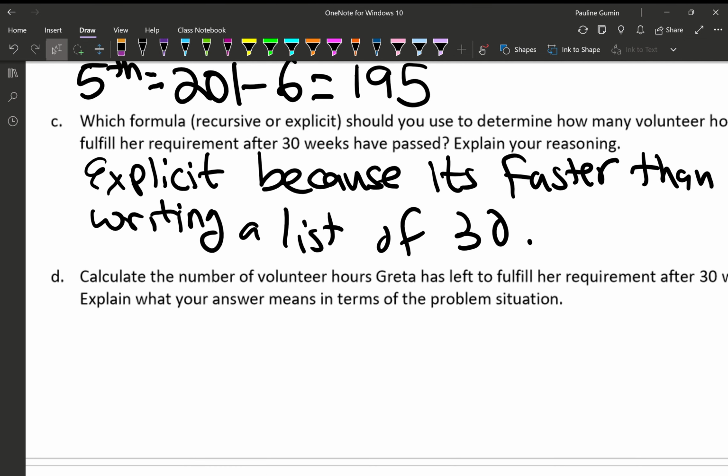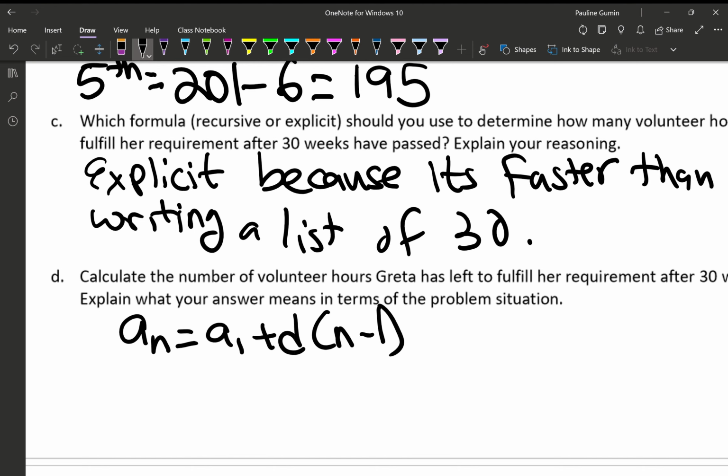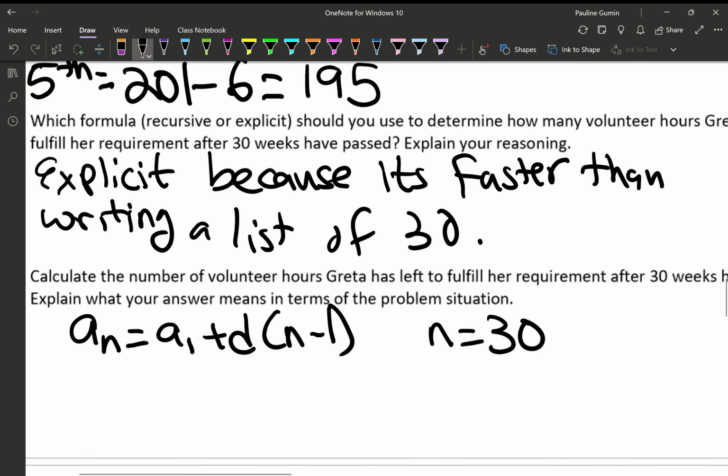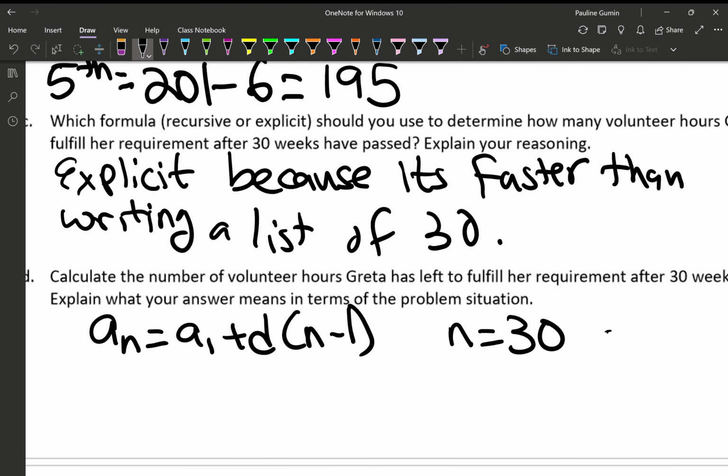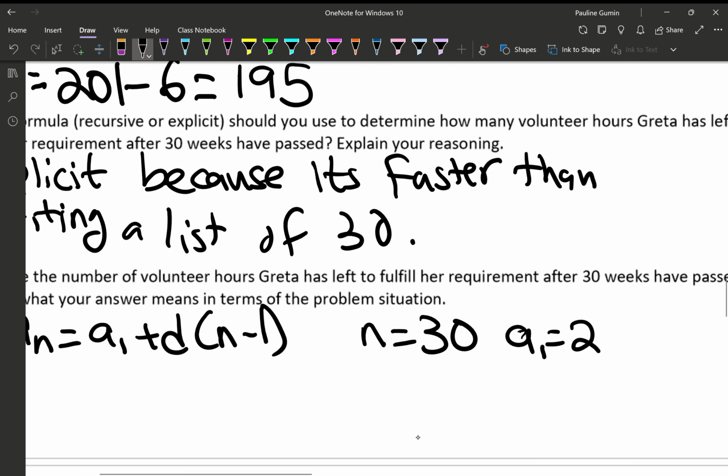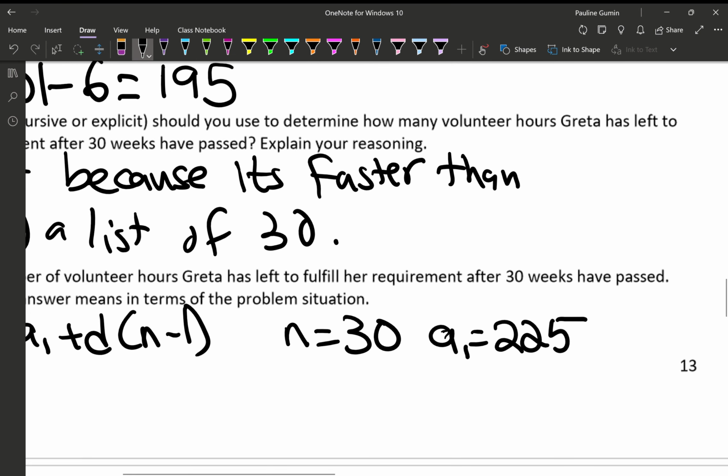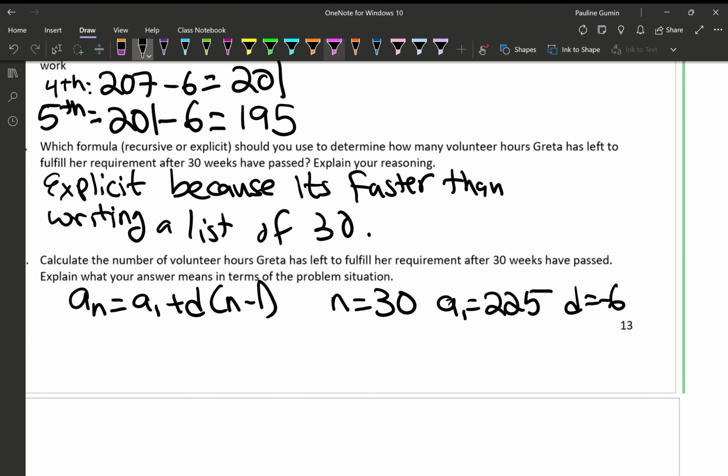Okay, let's calculate. Well, luckily for us, we have the explicit formula. All right, our n is 30. We want 30 weeks. Our first term, A1, is 225, and our common difference we already found was negative 6. Let's plug stuff in.